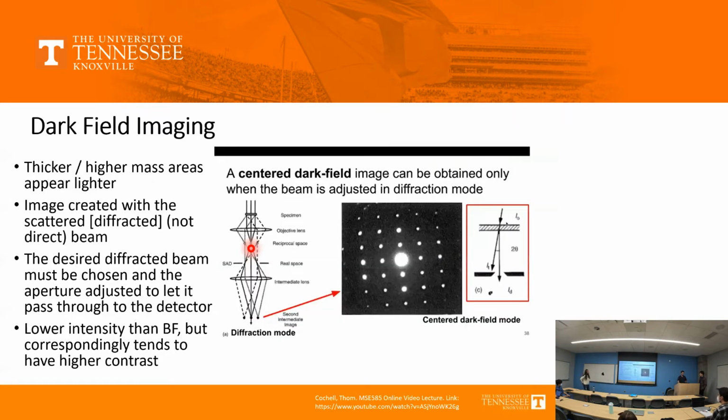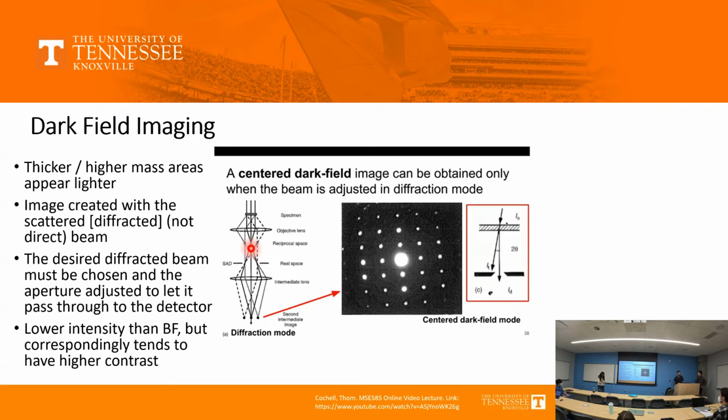On the dark field, Thomas in the presentation spoke about, and as we see in the video, basically the idea is that in dark field imaging, rather than taking the direct beam, you take a diffracted beam, which then gives you information relative to the plane of the beam that you select.